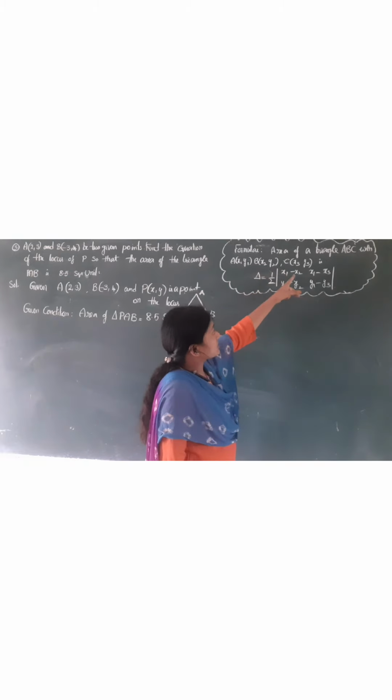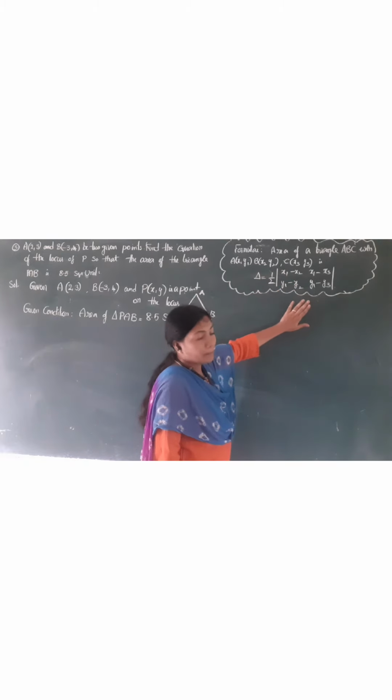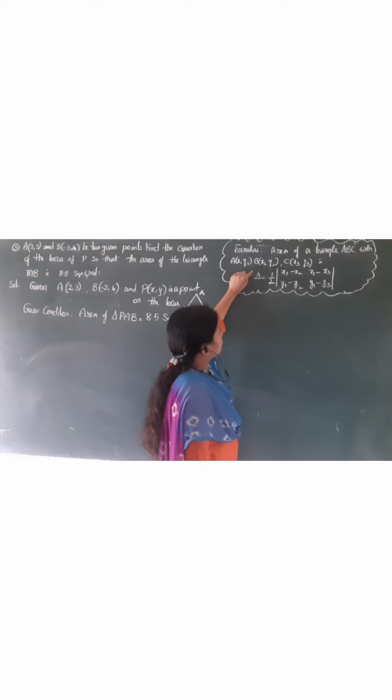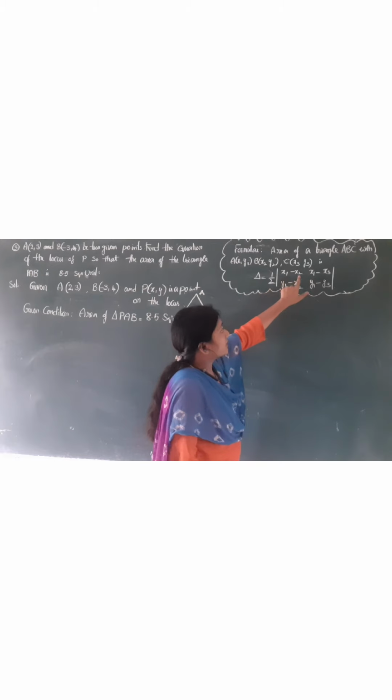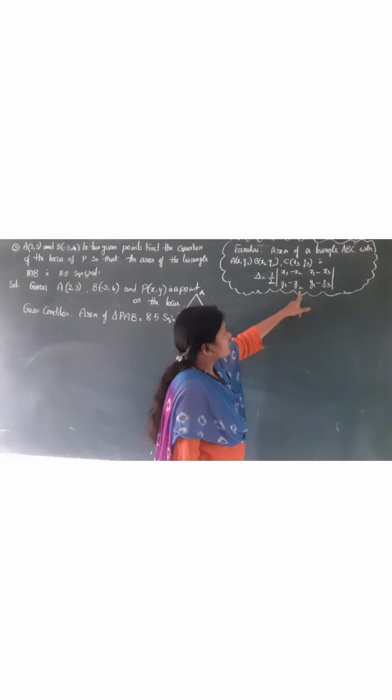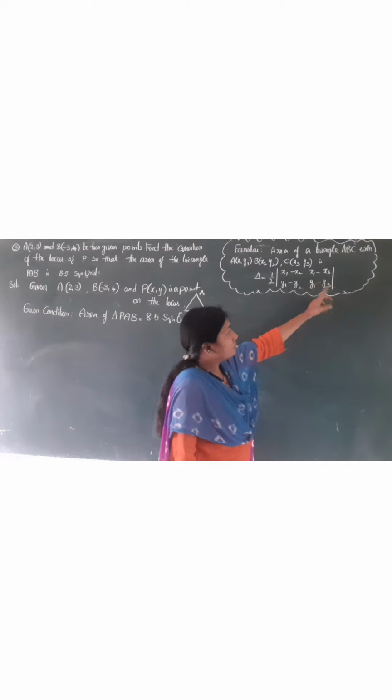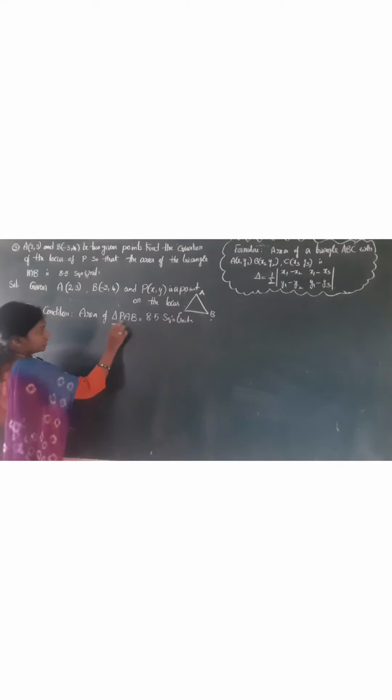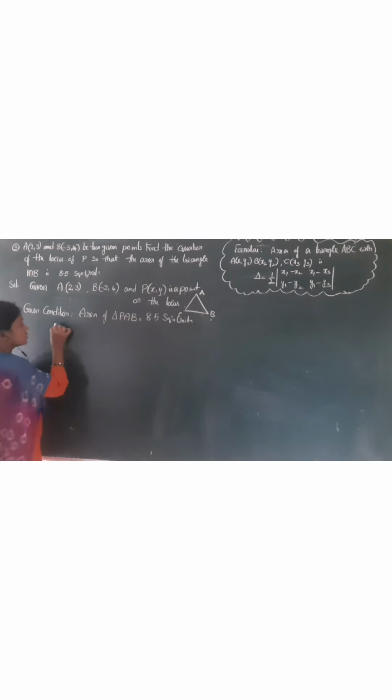Okay. Now how do you find the area of a triangle when you know the 3 vertices? This is the easiest, best formula to find the area of a triangle. Delta is equal to half modulus of (x1 minus x2), (y1 minus y2), (x1 minus x3), (y1 minus y3). This is the formula that is applied here. So the area of triangle PAB is 8.5 square units.